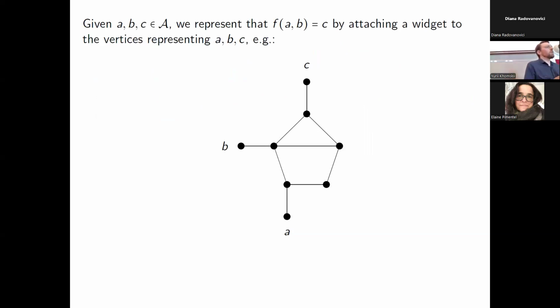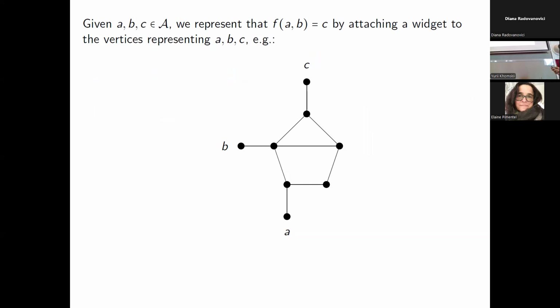And then I need to tell you something about how the function is going. So say I've got 3 elements of A, and f of a, b equals c. I want to represent that in the graph. So remember, a, b, and c are all vertices lying somewhere in the graph. What I'm going to do is attach some other widget to them. So I'm going to take this pentagon with a line across, but there are tons of different widgets that you could use that would all work.